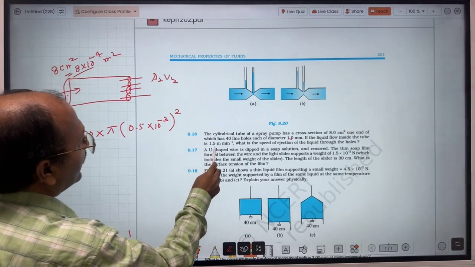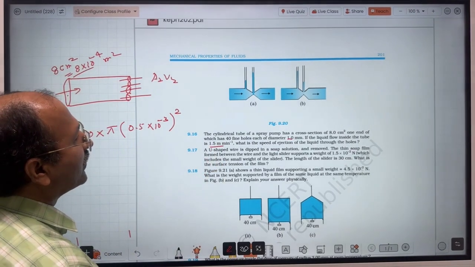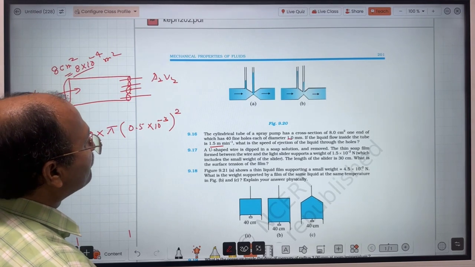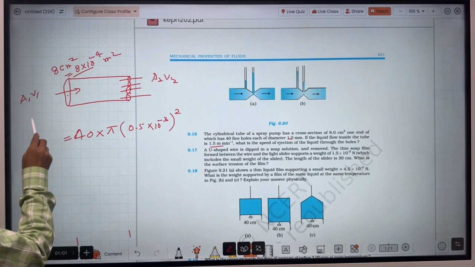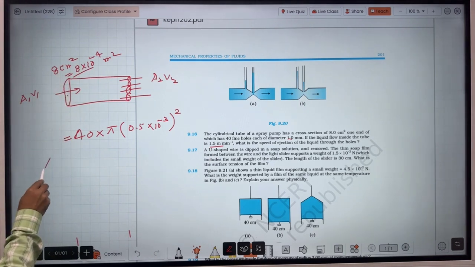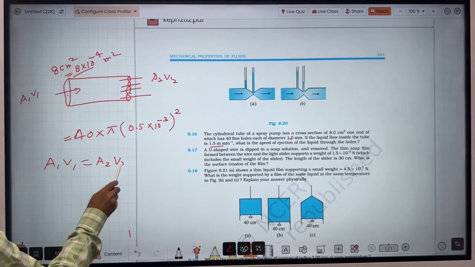So here the rate of liquid entering, the liquid flows inside the tube, is 1.5 meter per minute. So you can apply the formula A1 V1 equal to A2 V2.